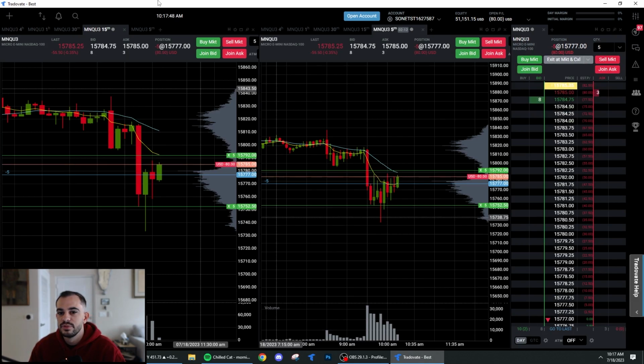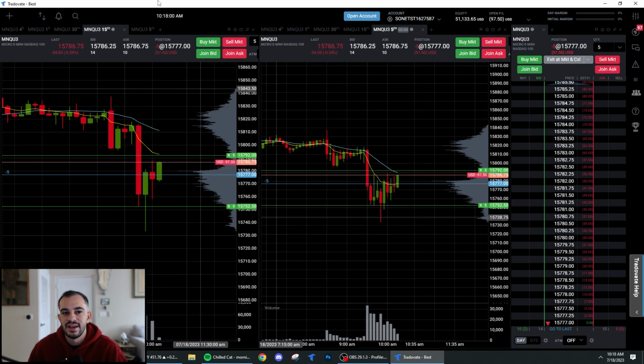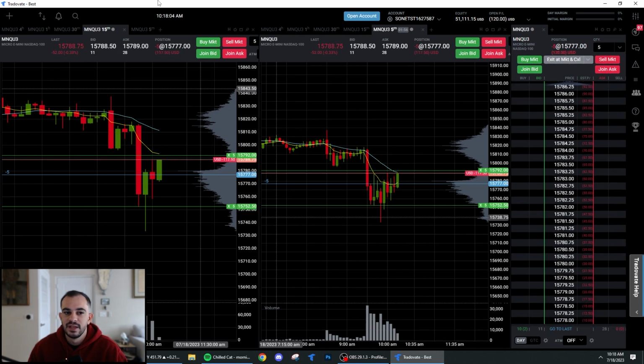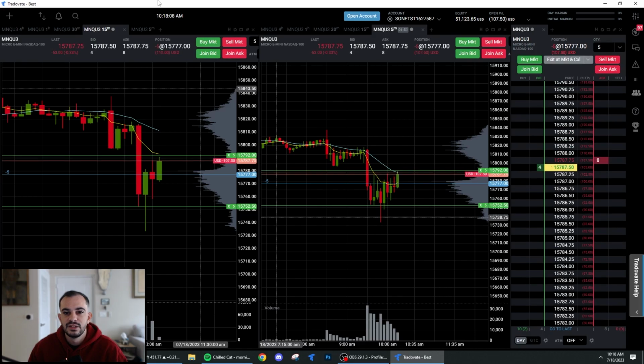That 20 will repaint lower, showing that rejection. See, as we get closer though, that 9. Oh man, breaking the high into the 20. Super close to the stop there.